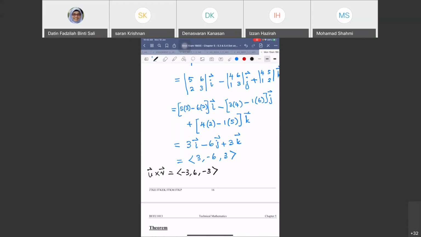If you compare with our answer for v cross u, doesn't that show you that u cross v is the same as the negative of v cross u? I just want to show you that for this example. This is one of the important theorems when it comes to cross product.